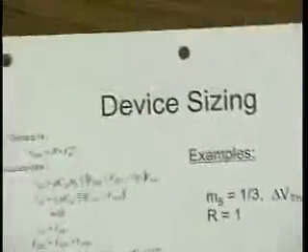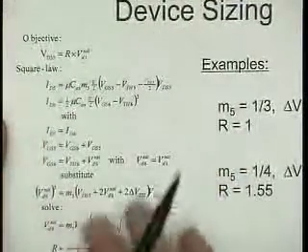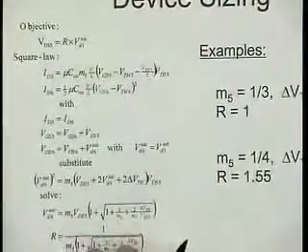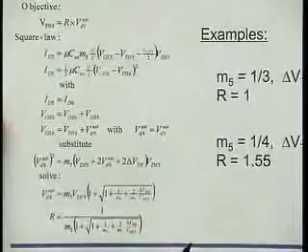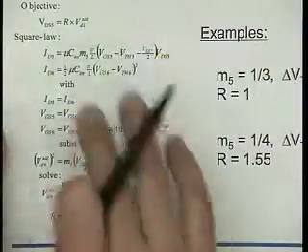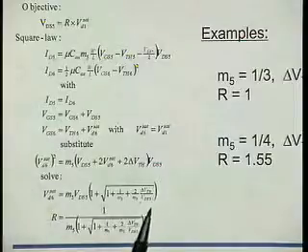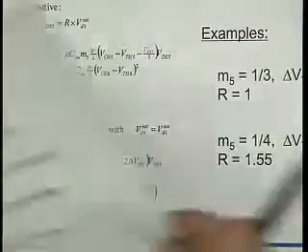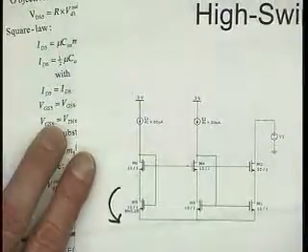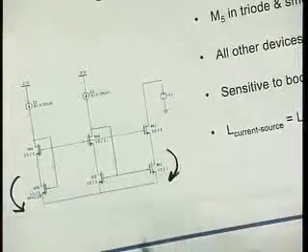Okay, and the exact analysis on how to size these and so on is again based on the square law model. It's a little bit involved. There are lots of equations, so I don't want to go over that. I put all this here so you can do that by yourselves. It's basically straightforward, right? And the point is, when we set up these equations correctly and solve them, then we can make the VDS of this transistor M5 a multiple, or I call it here a factor R, times larger than the VDSAT of M1.